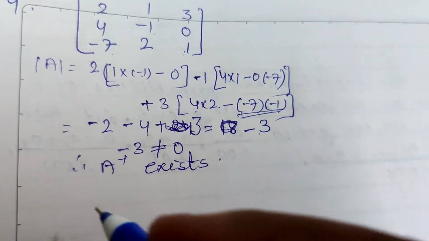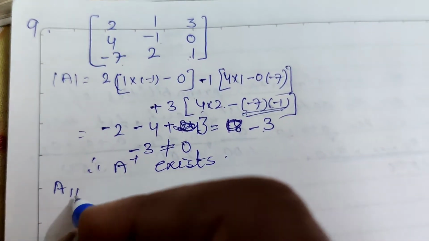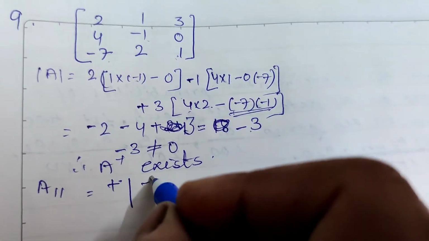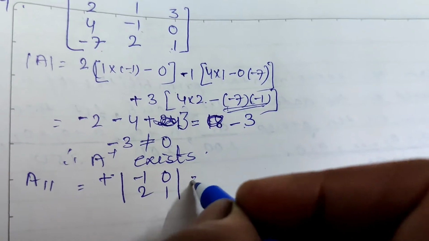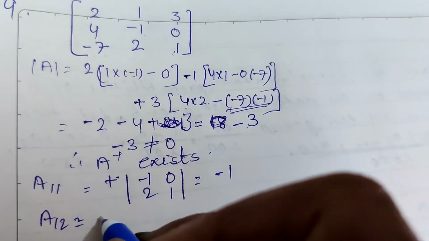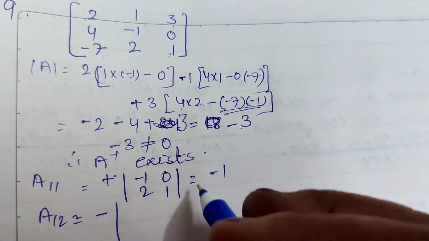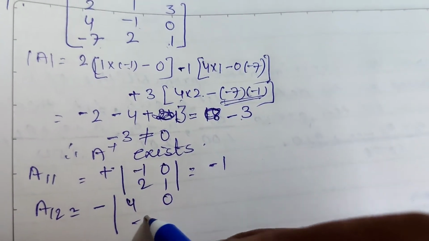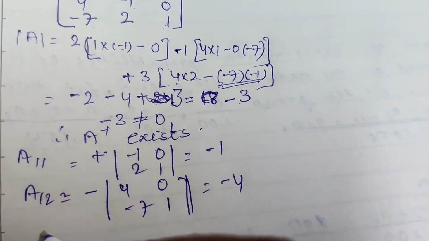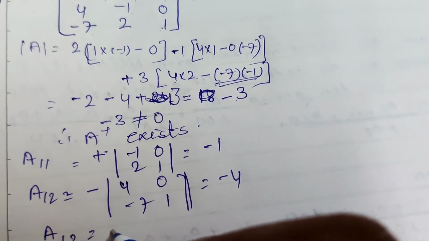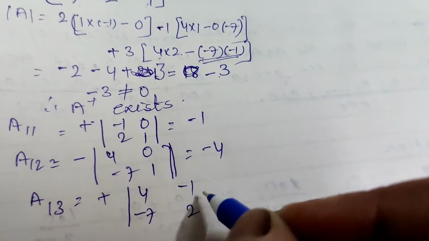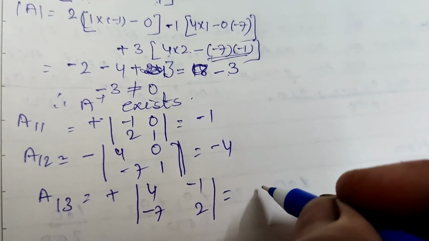Now find the cofactors in the same manner. A11: 1, 1, it means plus, minus 1, 0, 2, 1. It is minus 1. A12: 1, 2, minus 1, 2, 4, 0, minus 7, 1. It is minus 4. And A13: plus 4 minus 7 minus 1, 2. 8 minus 7, 1.